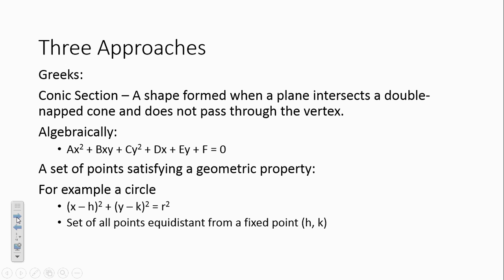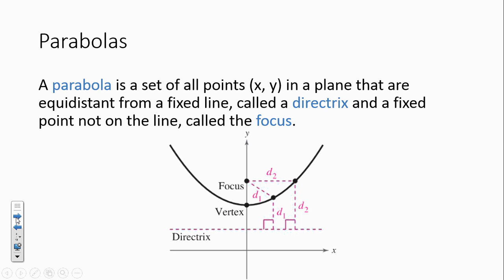All right, so the next slide talks about parabolas, and this is what we want to write down. A parabola is a set of points, or a locus of points, x, y, in a plane that are equidistant from a fixed line called the directrix and a fixed point not on that line called a focus.